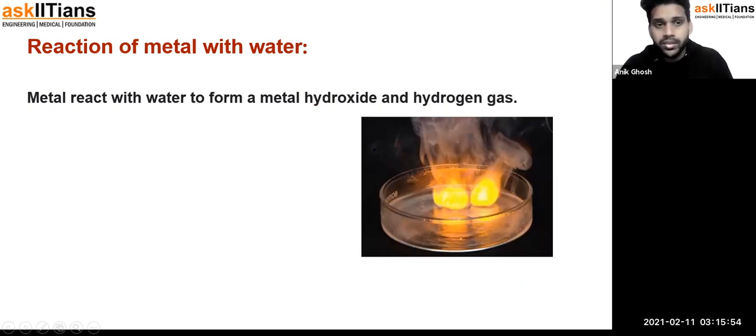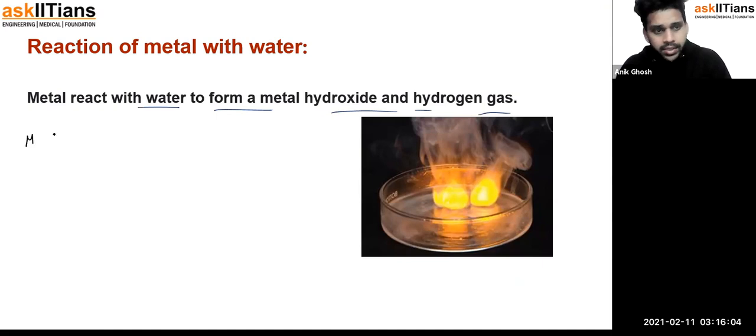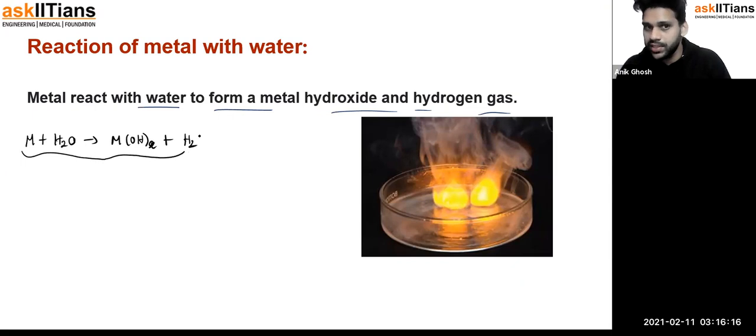How do the metals react with water to form metal hydroxide and hydrogen gas? To understand this, it's a very simple reaction: metals reacting with water to give you metal hydroxides and hydrogen gas. But there are so many things that you can learn from this reaction. Look, this is the way through which you can prepare hydrogen gas.